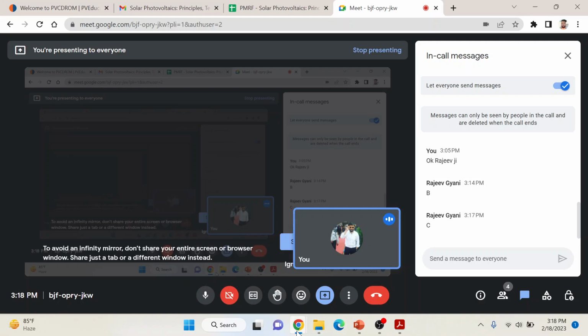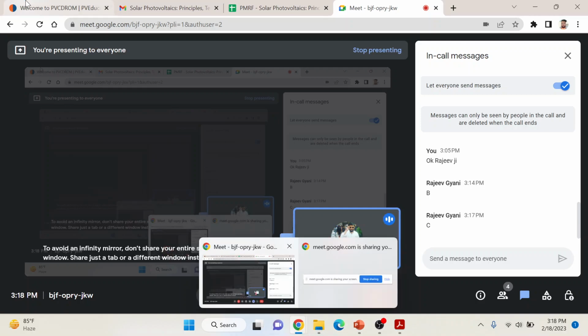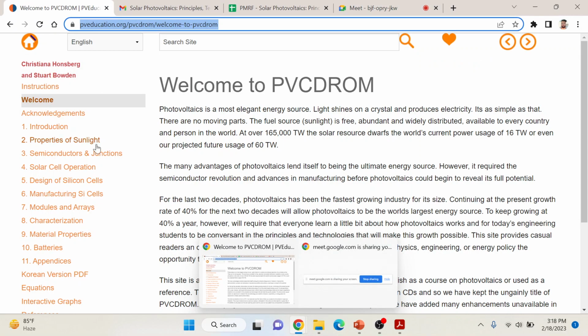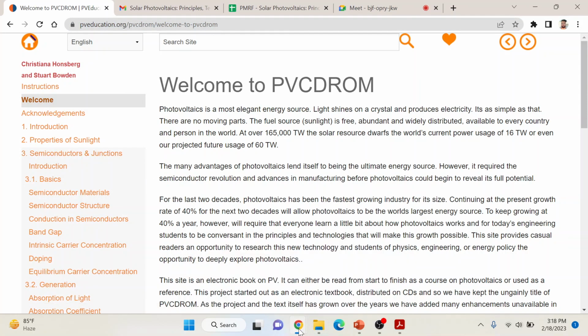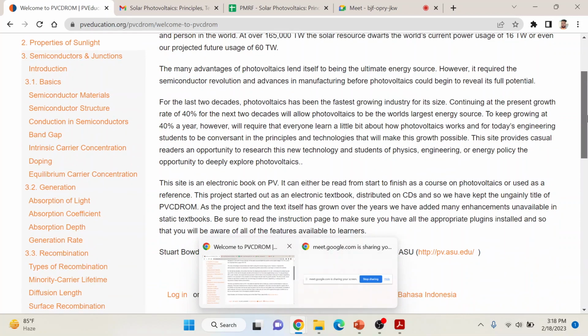Tanveer, I think you have not attended the classes, so a little balance we have to make. Anyways, let me show you this diffusion current.